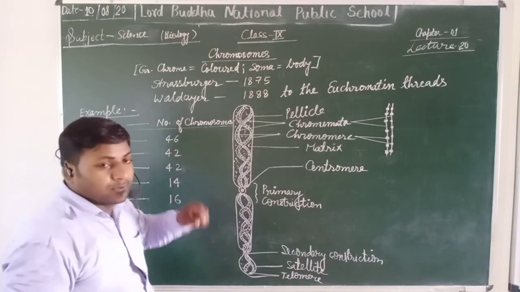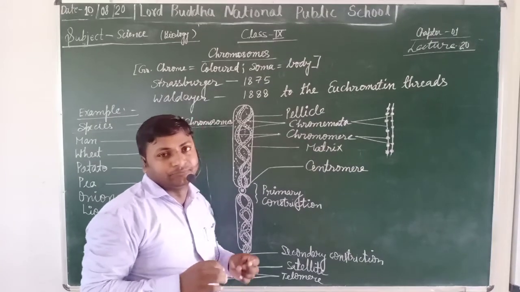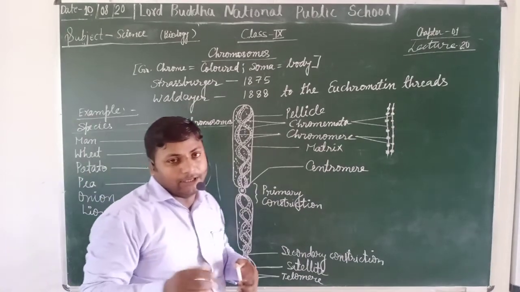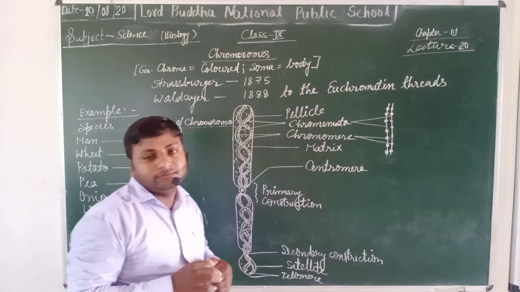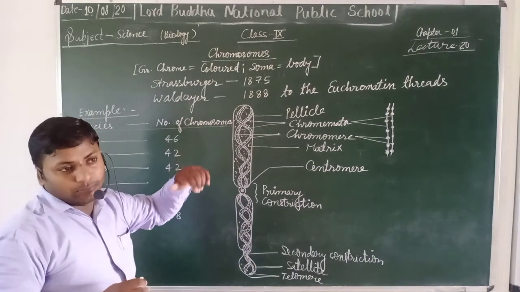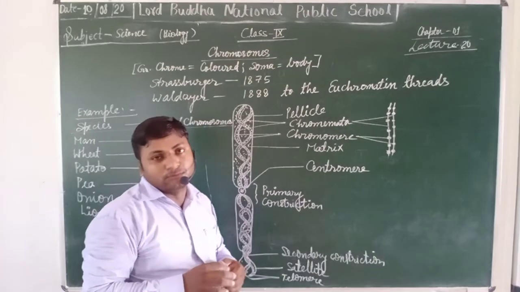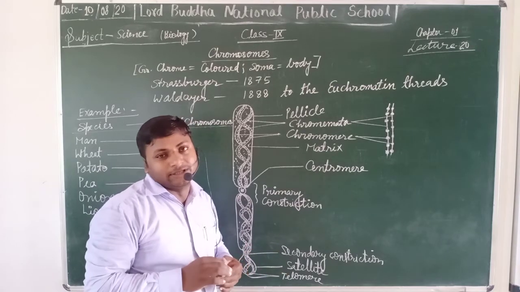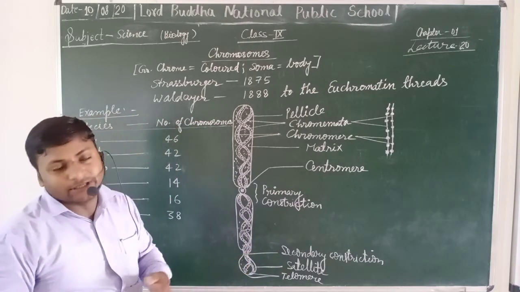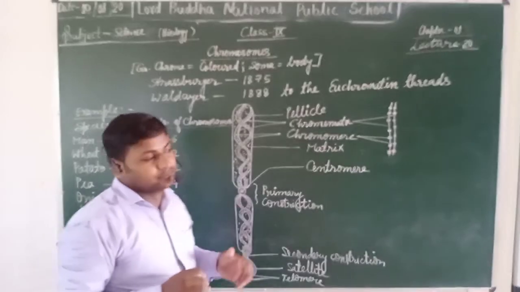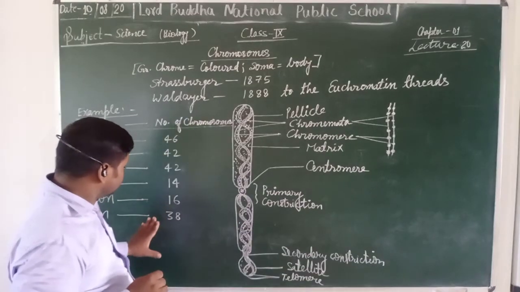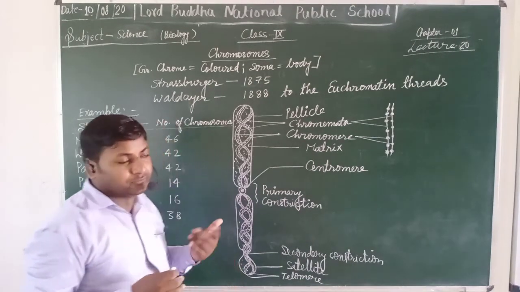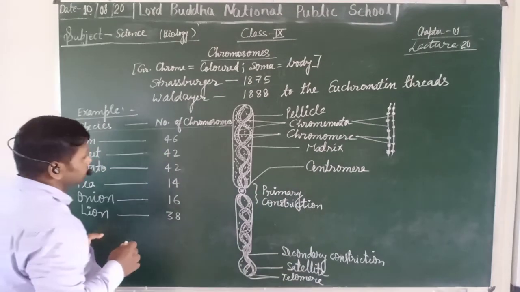If there is a lack of a single chromosome in humans, then they may be infertile. Likewise, if the number of chromosomes increases, then their gender can be changed, as transgender, or you can say common gender. Many more things about the deformities of chromosomes we will look at ahead.